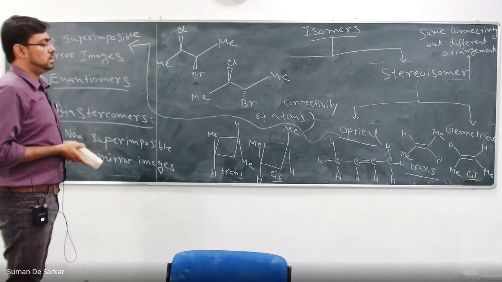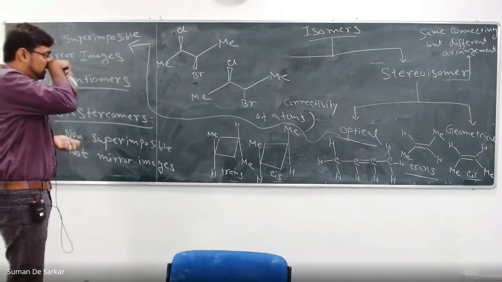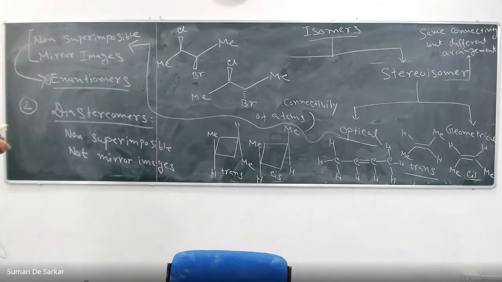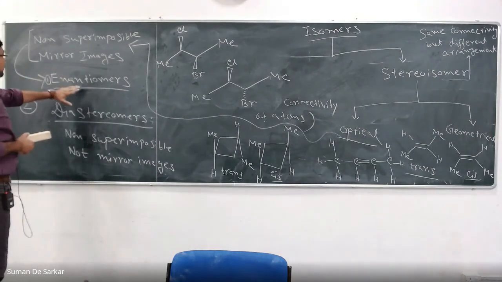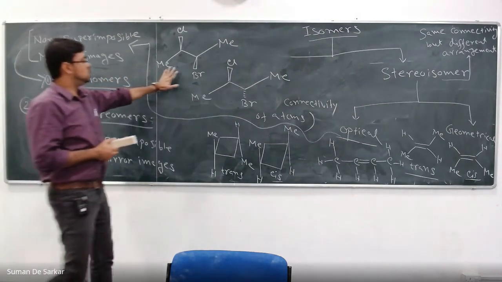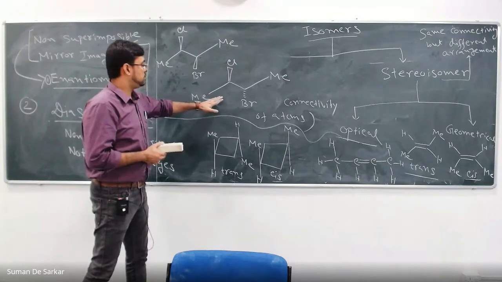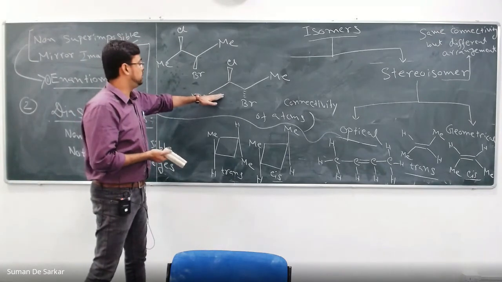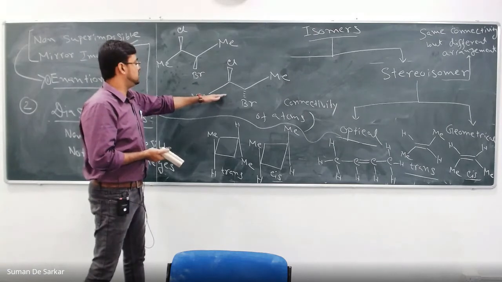Then you have to check whether it's geometrical or optical. To become optical enantiomers, these two would have to be non-superimposable. You can already see, I'm sorry, this is a little more complex molecule. Probably the model is better. I will also make a model of this in the next class.